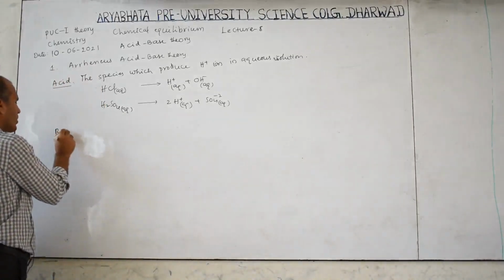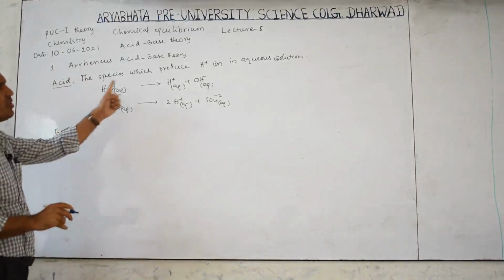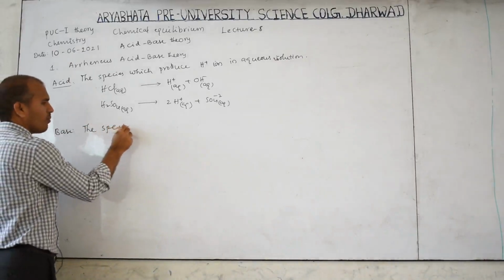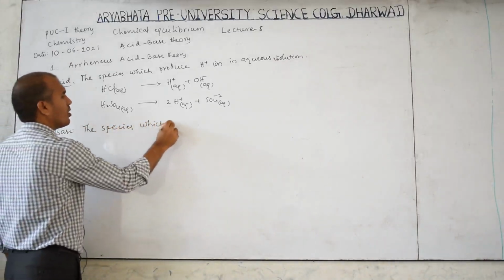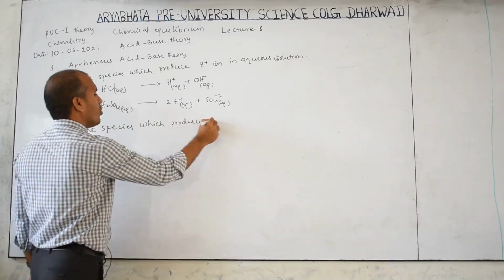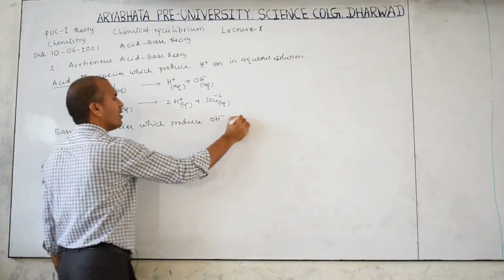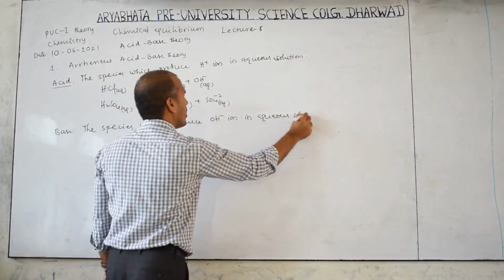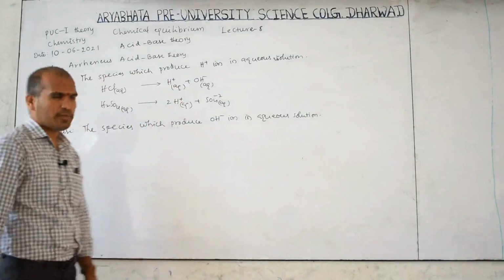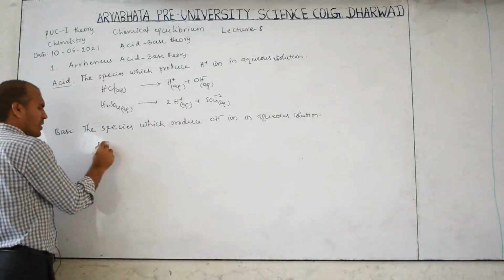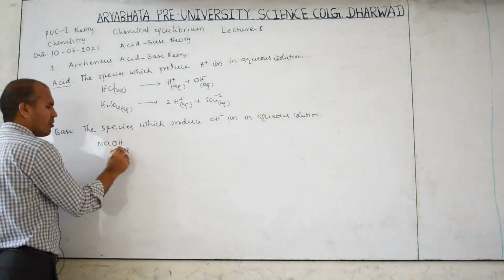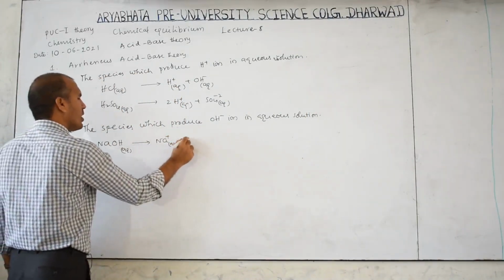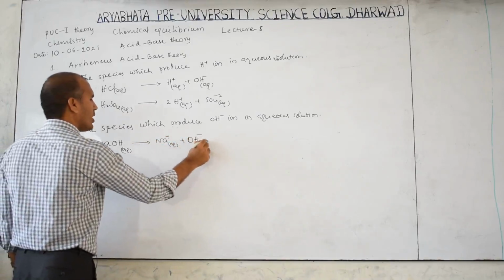Then base. Base meaning what is that? The species which produces OH minus ion in aqueous solution, that is called base. Now consider this is NaOH aqueous gives rise to Na plus aqueous and OH minus aqueous.